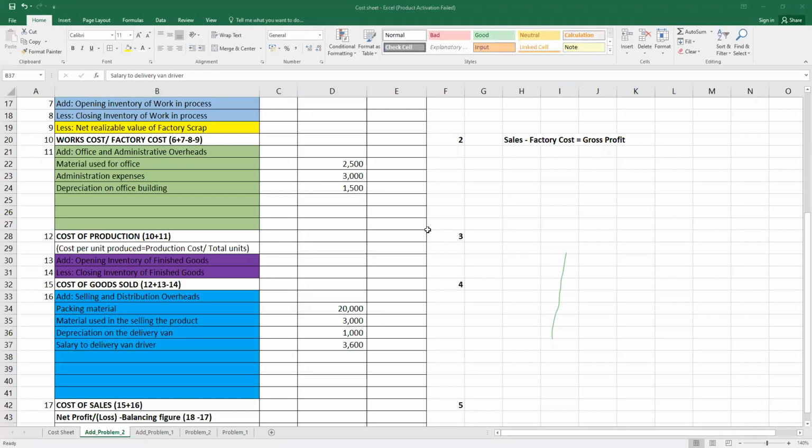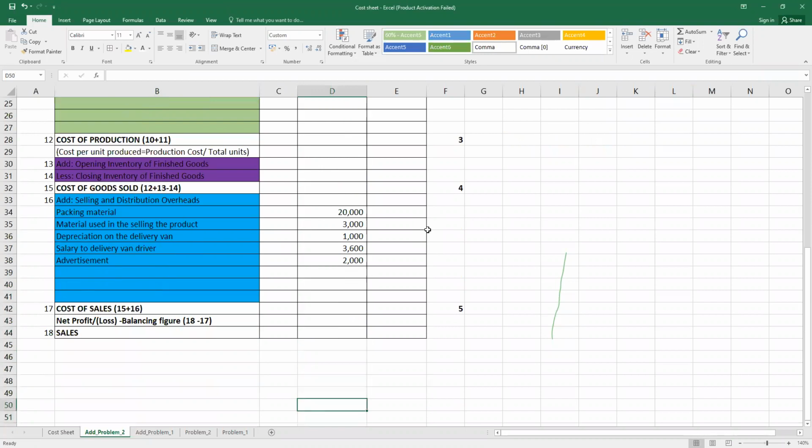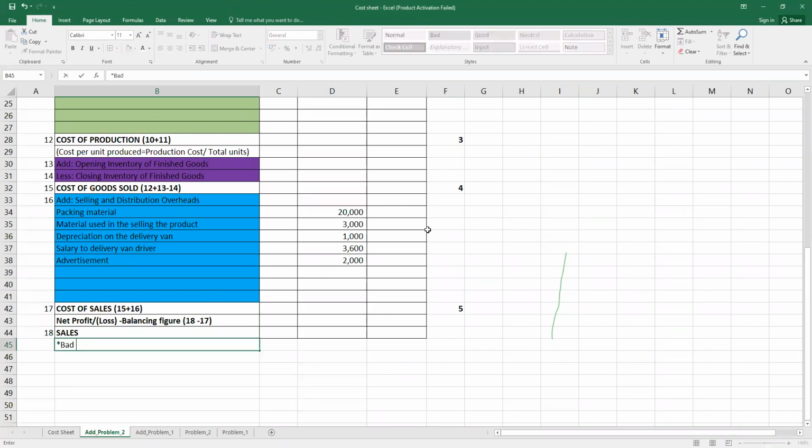इसके बाद है एडवर्टाइजमेंट. Advertisement is amounting to 2,000. And then bad debts 1,500. यहाँ पे हम नोट लिख देंगे, bad debts are excluded from the cost sheet.